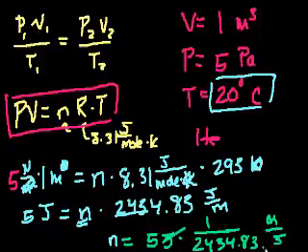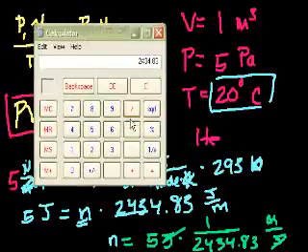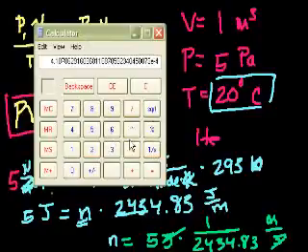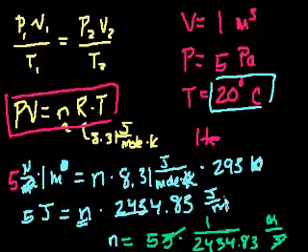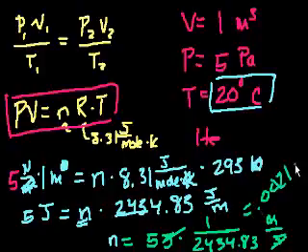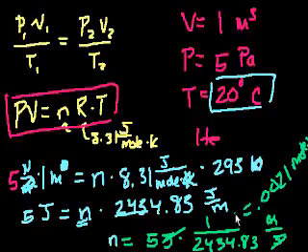And then, of course, the joule cancels out with the joule, so we just have to divide 5 by this, and we'll get the number of moles. So I get 0.0021 moles. Now that might seem like a small number to you, but let's figure out how many molecules that is.